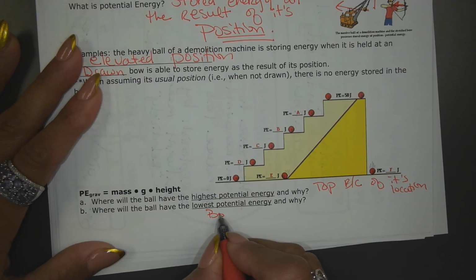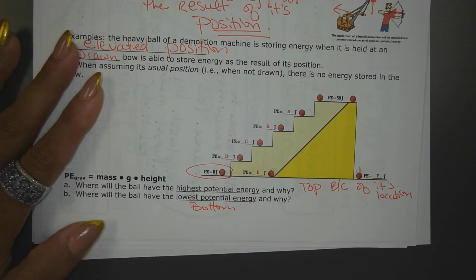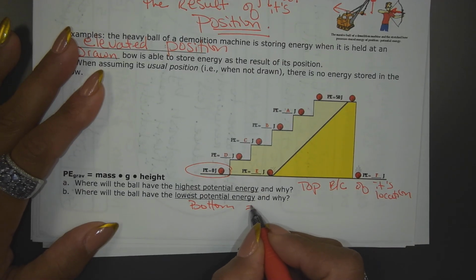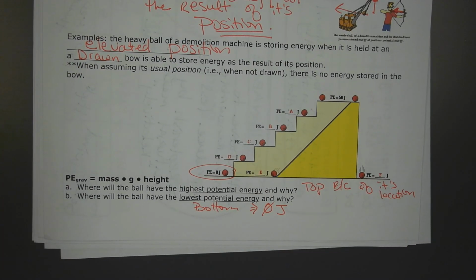At the bottom, literally at the bottom. At the bottom, the potential energy is going to be 0 joules. That's a legit number, 0 joules. Negative would not ever be valid. We've used negative in the past regarding direction, but negative would indicate you lost it, which wouldn't be okay. But 0 absolutely is a good number.